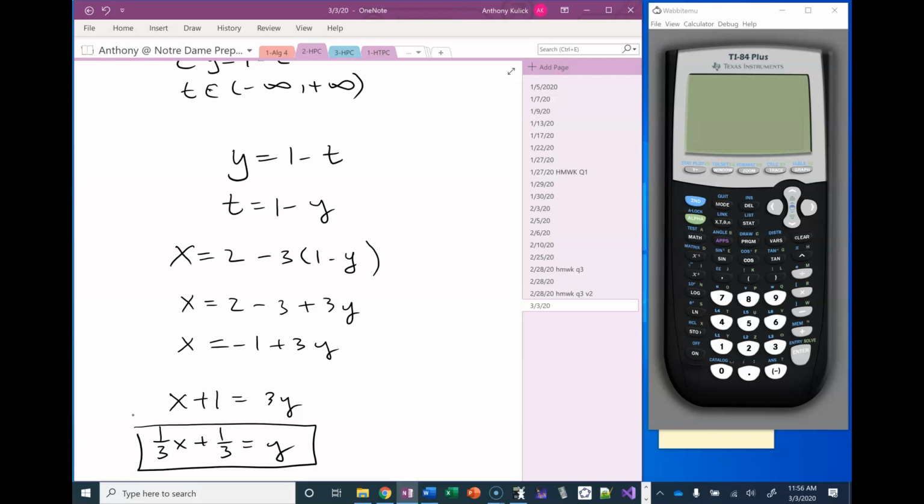So what would I expect the graph of this to look like? A line, right? Whose slope is 1/3 and whose y-intercept is 1/3? Let's just confirm that quickly. Sound good? Okay. So I'll go back, and for x, I'm going to do 2 minus 3t.